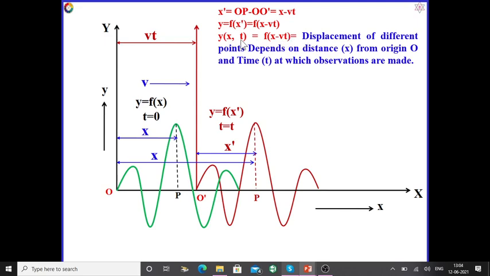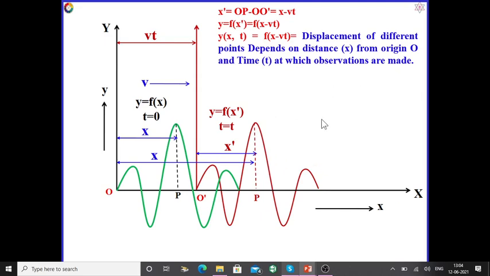So here at t equal to 0 it will be f of x, and at any time t, y will be equal to f of x minus vt. So this is the displacement of different points depending on the distance x from the origin O, along the y-axis, and the time t at which observations are made.